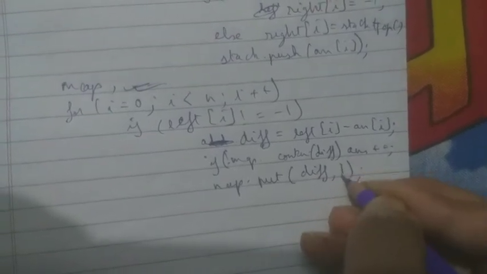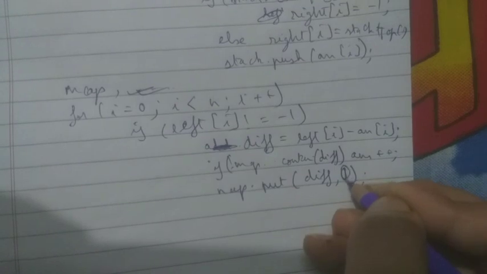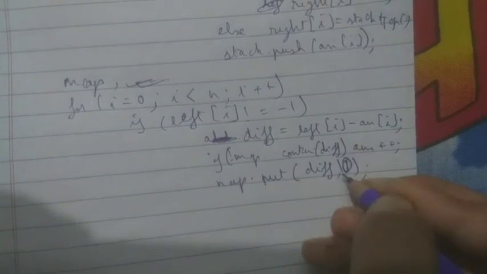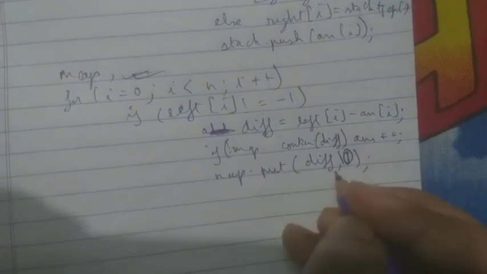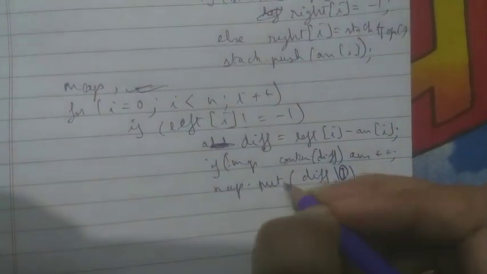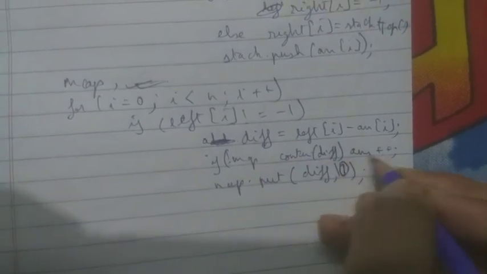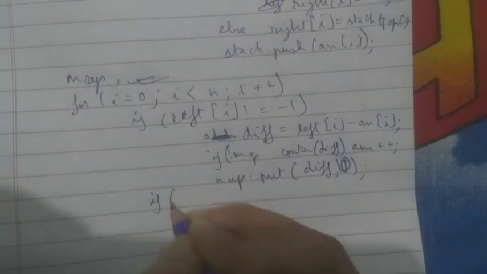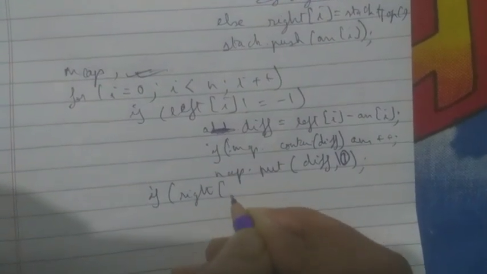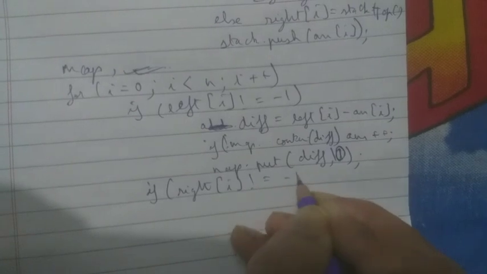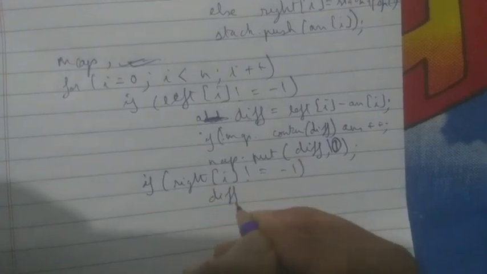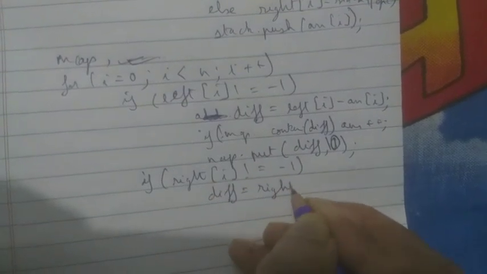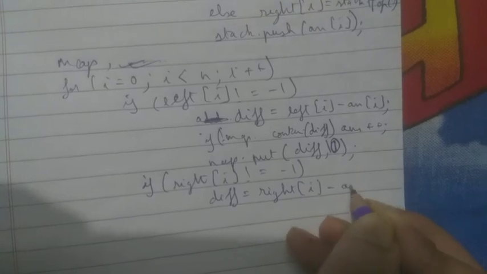You can give any value over here, like 0, or 1, or 10. That is just assigning a number to this key. So we are putting this in the map, and if it's not there, then answer plus plus, because that is a unique one, so we are going to count it. And if right of i not equals to -1, then difference is equals to right of i minus ARR of i.